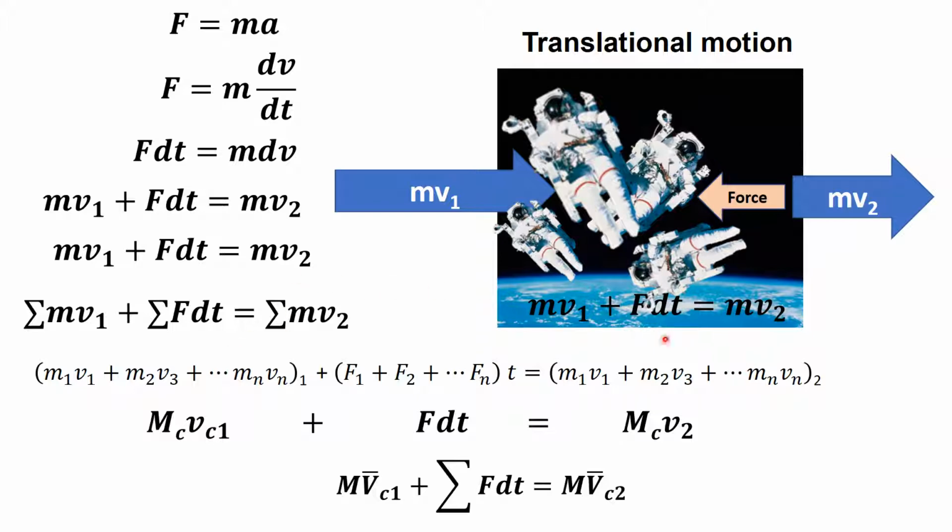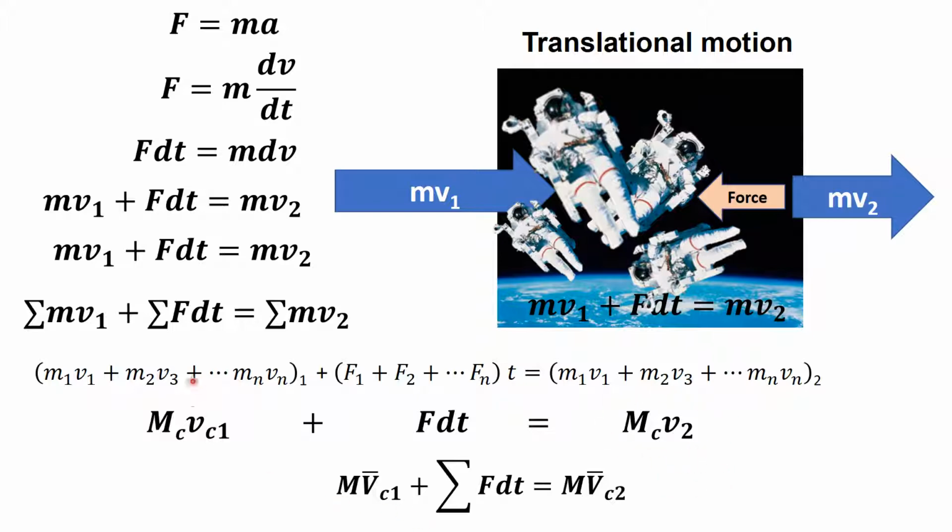But collisions between particles will not change what the center of mass is doing. So if there's no external forces, the overall center of mass is not going to be changed, even though individual particles might be bouncing around and doing something a little bit different.